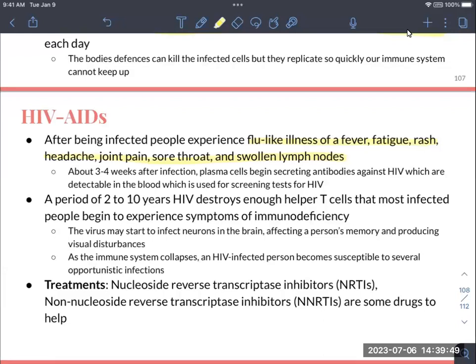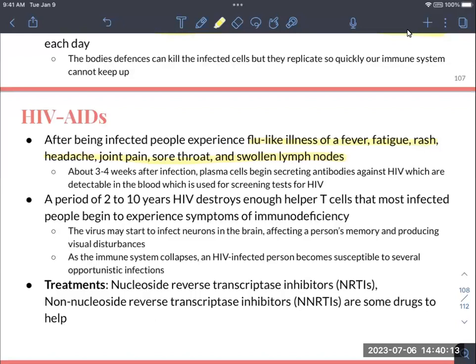Over 2 to 10 years, HIV destroys enough of those helper T cells that people start to experience this immunodeficiency, which means other viruses can come in and attack, and your immune system does not have a way to fight it off.